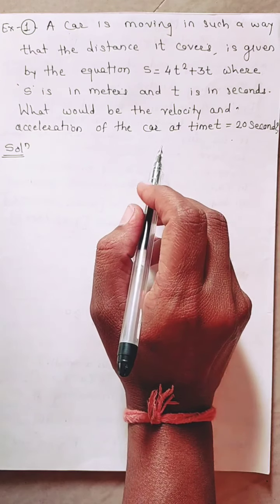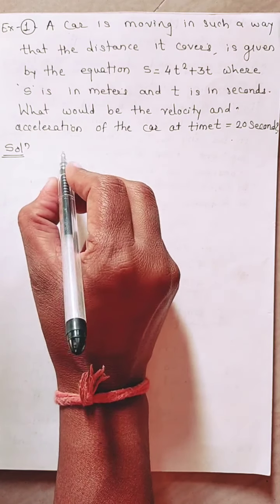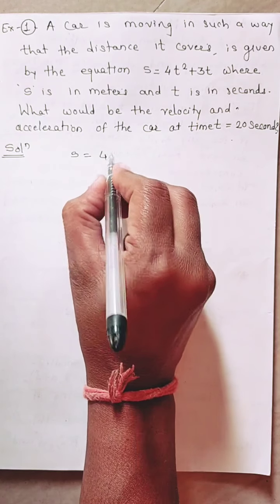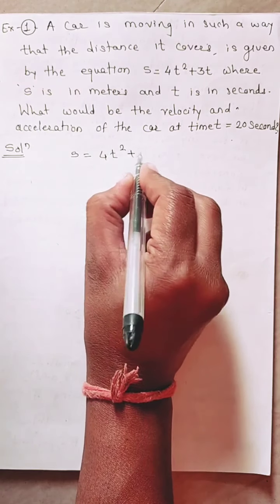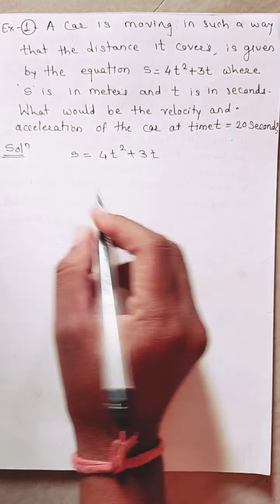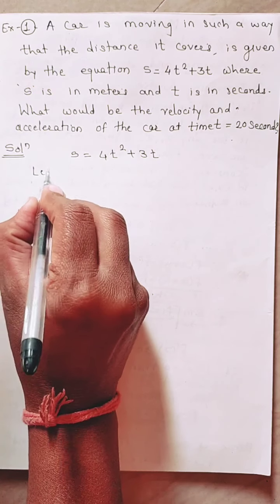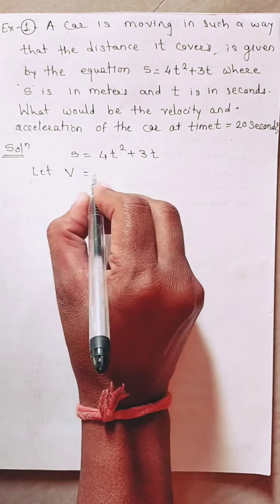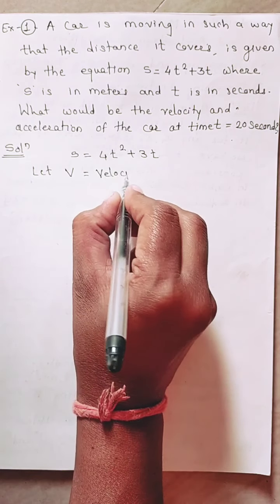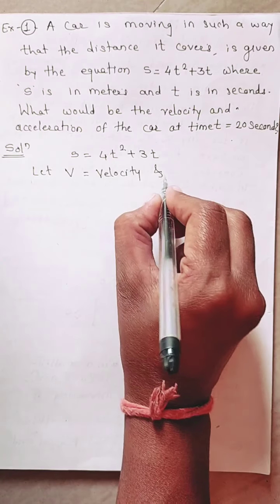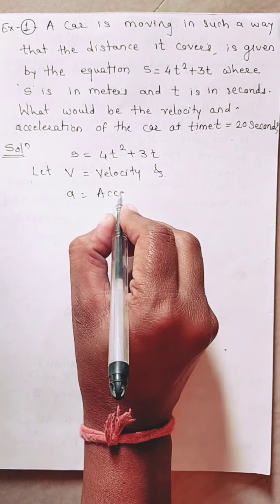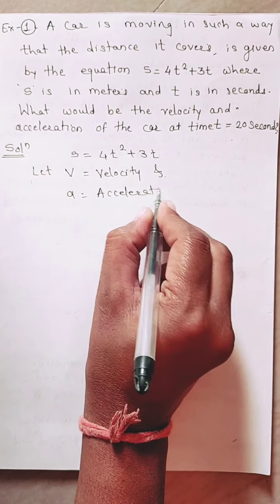We know the equation of displacement, that is s = 4t² + 3t. Let v be the velocity of the car and a be the acceleration of the car.